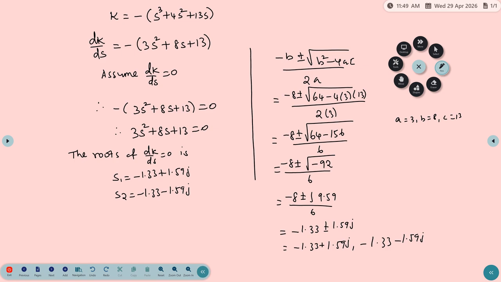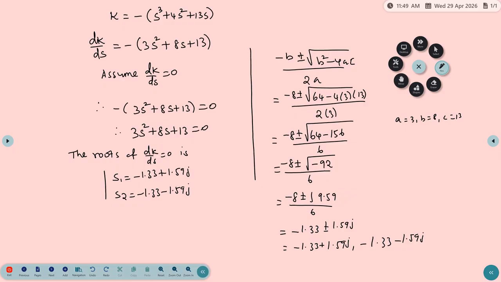Now, what is the condition for breakaway and breaking points? From the characteristic equation, we are finding the roots of dk/ds. If the roots of dk/ds are real and positive, then those roots are breakaway or breaking points. Otherwise, there is no breakaway or breaking point.